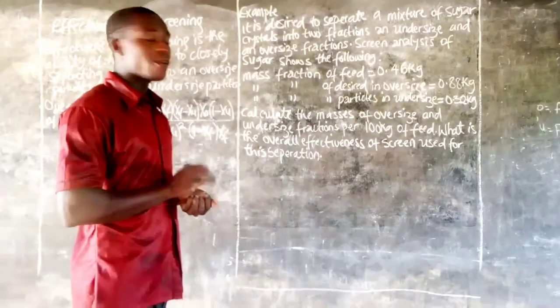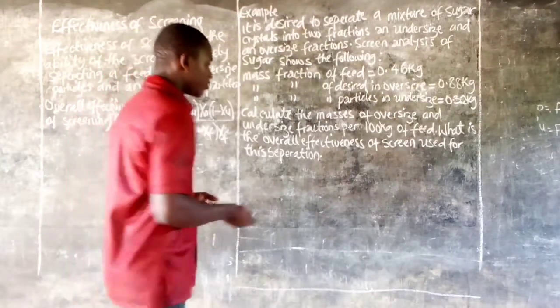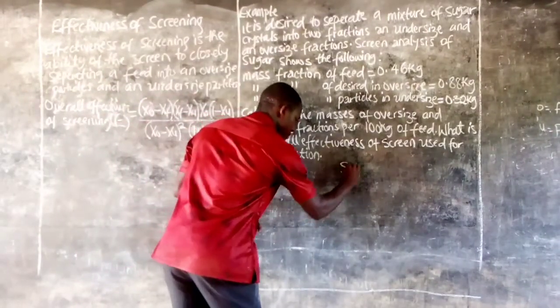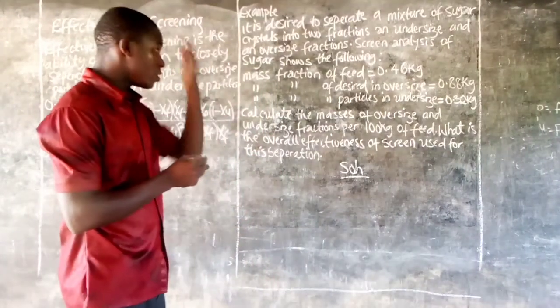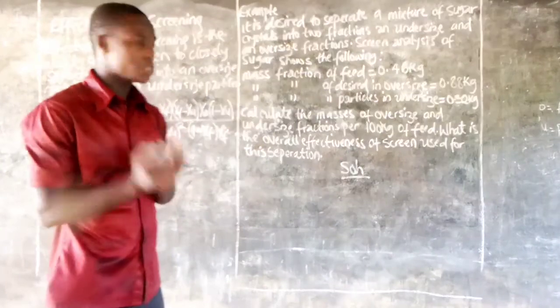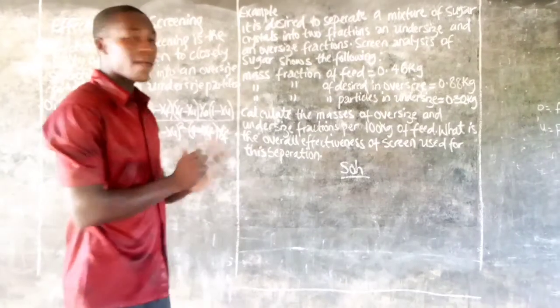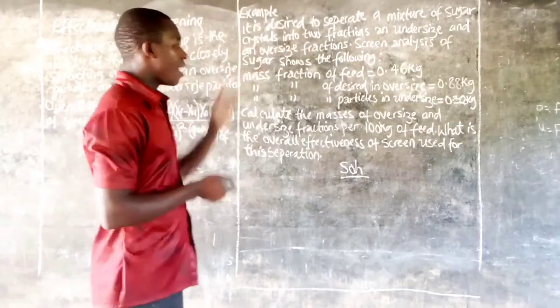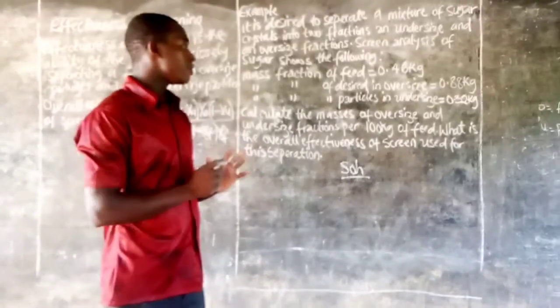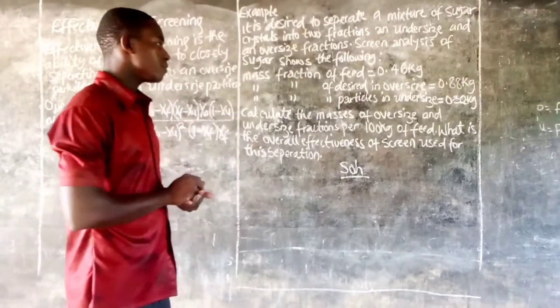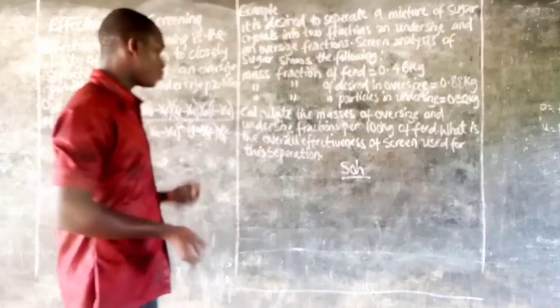So the first thing we are going to do in this question is draft out all the required parameters we have, and then fix them into the given word question.